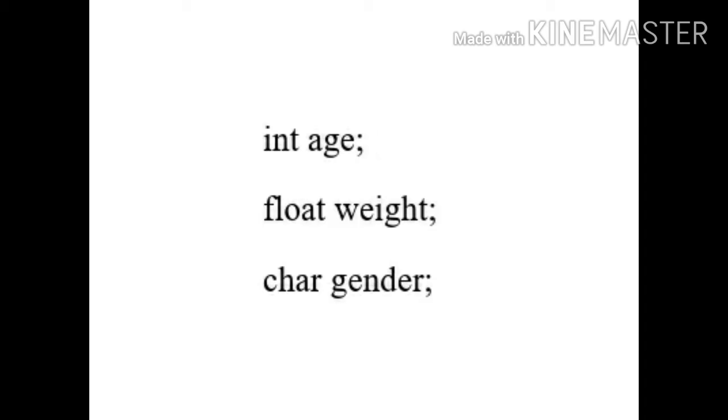In the example, we've been given the int, the float, and the char. For the int we say age. Age, we all know, can't be a decimal number, so this is the best example we could give. And we have the float. Float could be a decimal number or anything. So we all know weight. Weight is mostly a decimal number.